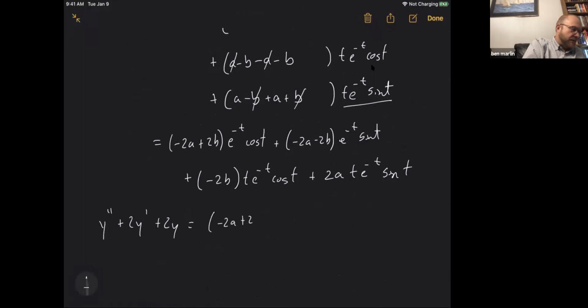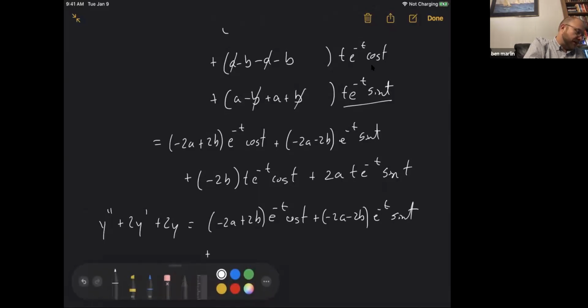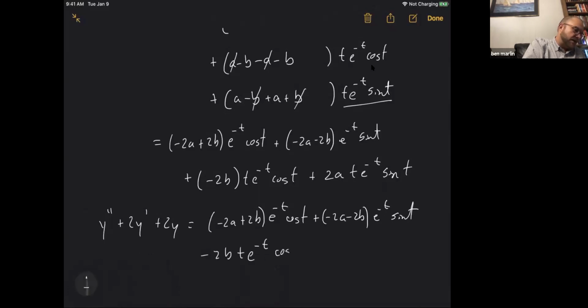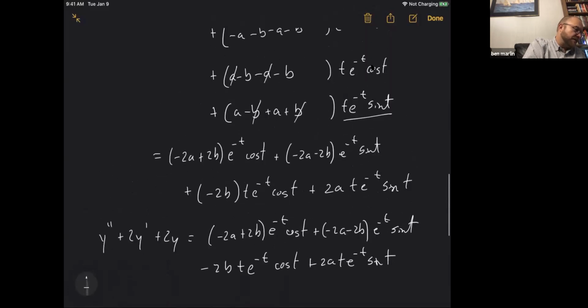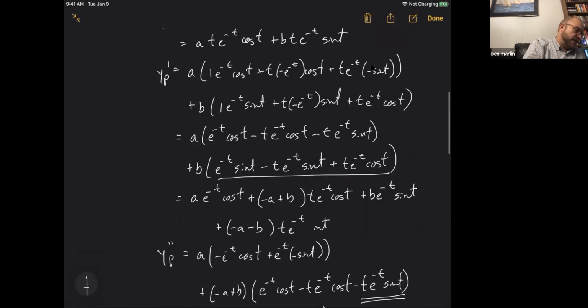Minus 2a plus 2b e to the minus t cosine t plus negative 2a minus 2b e to the minus t sine t plus, I'm sorry, that should have said minus 2b t e to the minus t cosine t plus 2a t e to the minus t sine t. All right. Now we've got to have plus 2 times this.